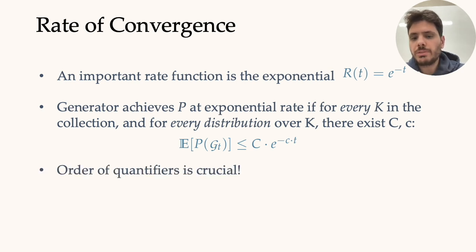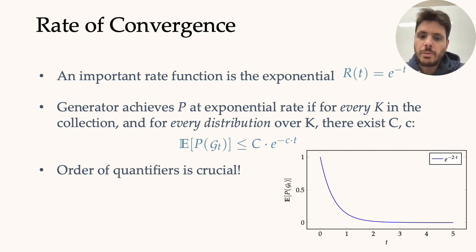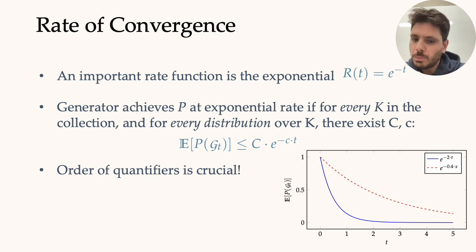Now, the order of quantifiers in this expression is crucial. By that, we mean that for one distribution, we might have exponential decay with some particular constant. For example, in this blue curve, we have exponential decay with a constant 2. But for some other target language and some other distribution over it, we might have exponential decay with a different constant.